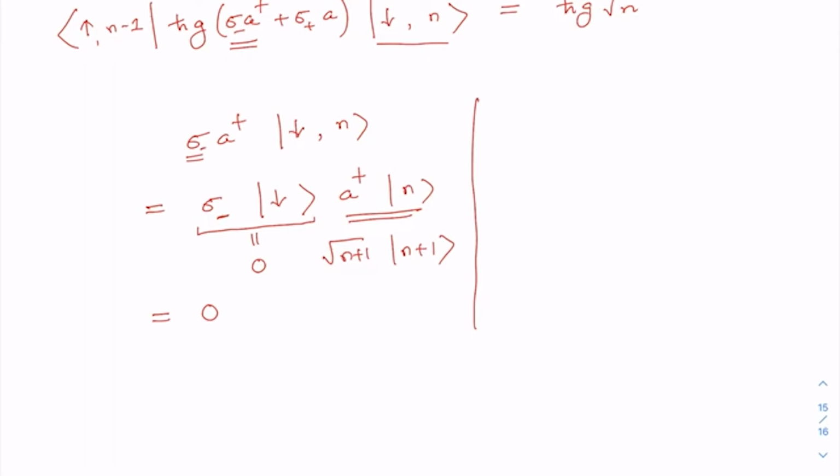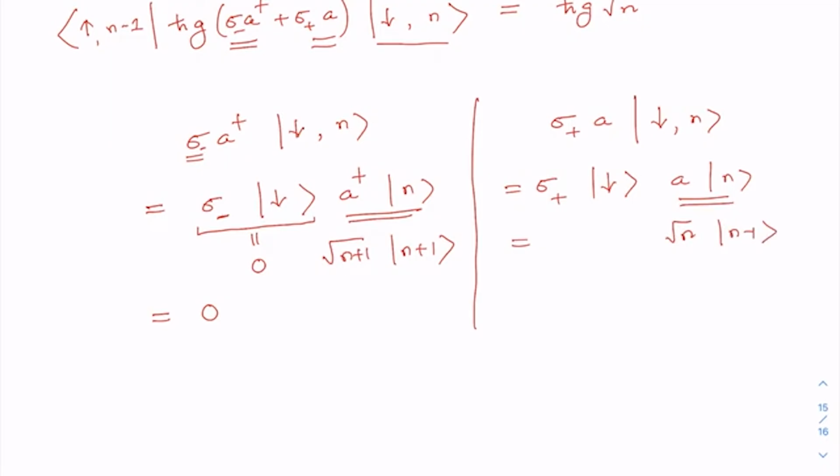Let us look at the other term where we have sigma plus A, acting on this state. Sigma plus, the atomic raising operator, is acting on the ground state of the atom, and the annihilation operator is acting on the field mode. When it acts on the field mode, we simply get square root of n, leaving n minus 1 photons. And because of this action, the ground state is raised to the excited state.